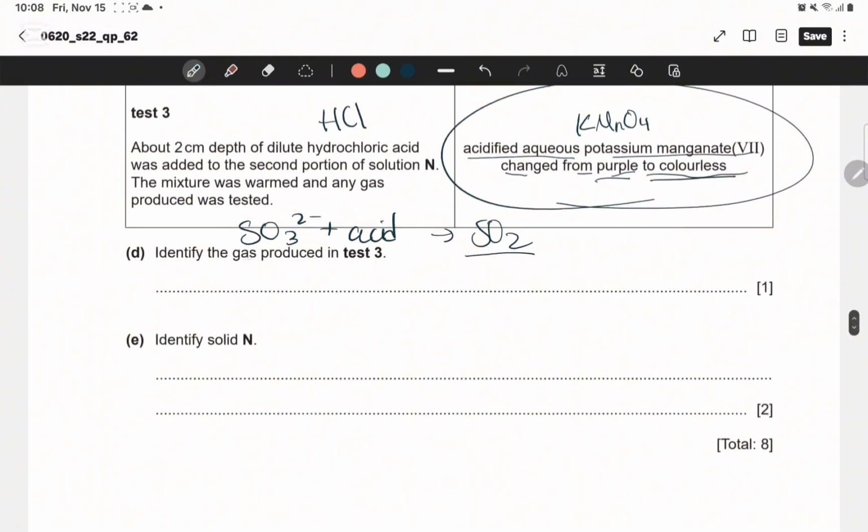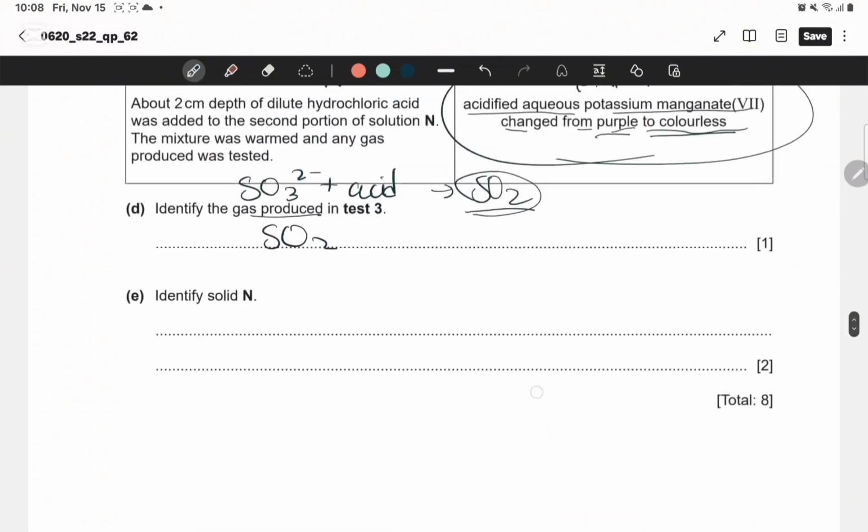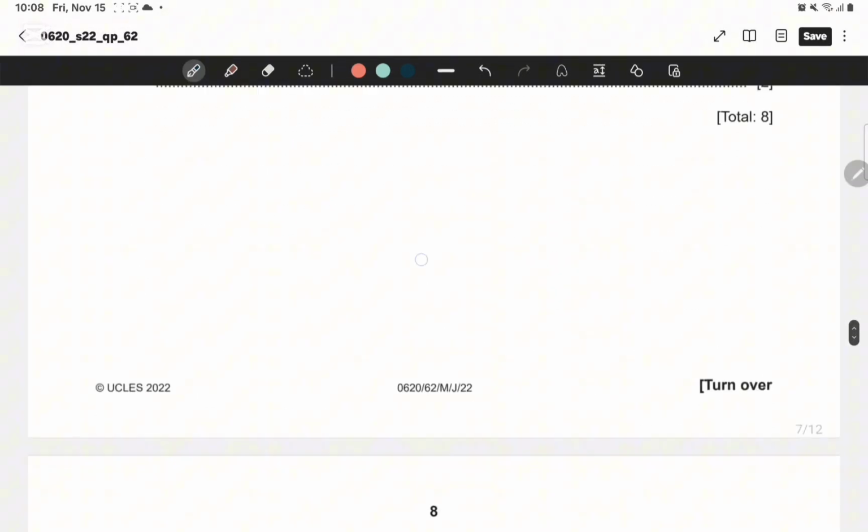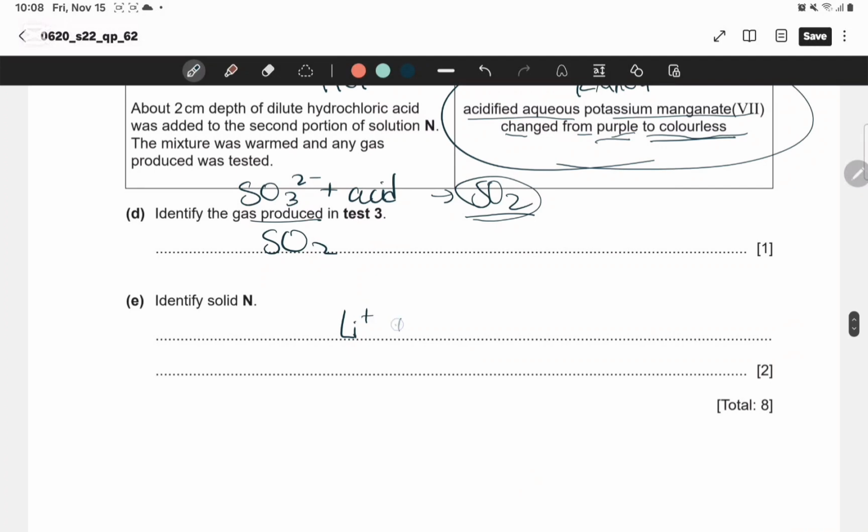Okay, so the gas produced is SO2, and solid N is Li plus and SO3 2 minus, and then when you cross multiply we get Li2SO3.